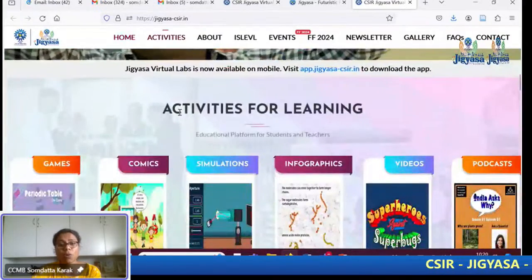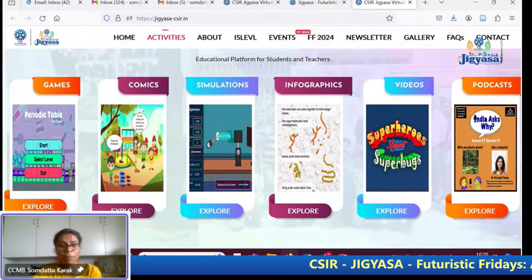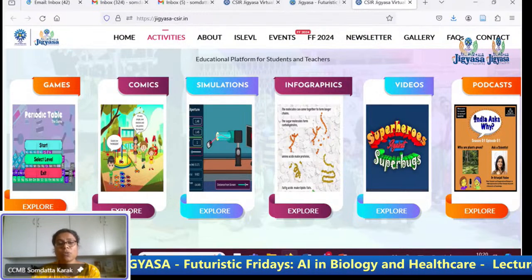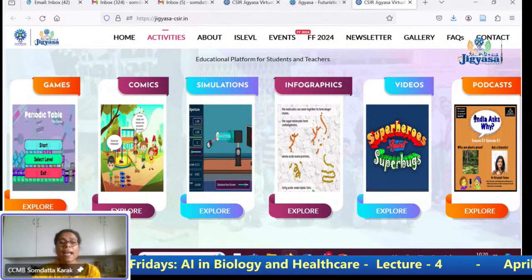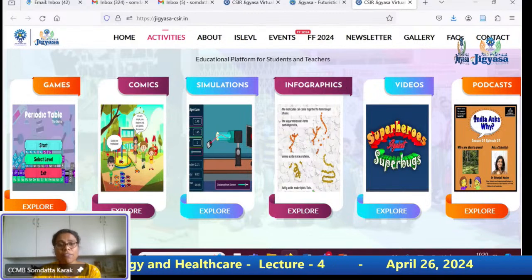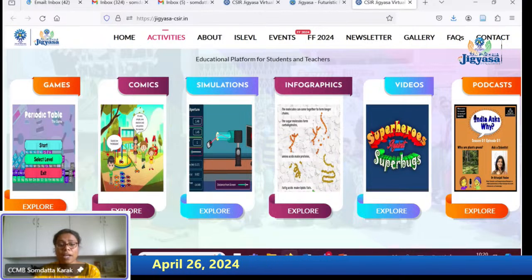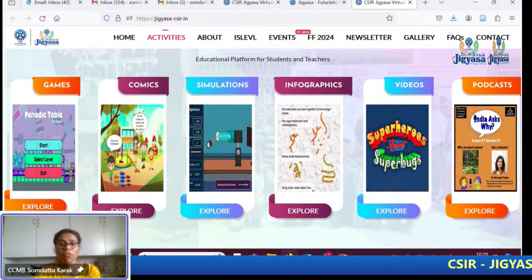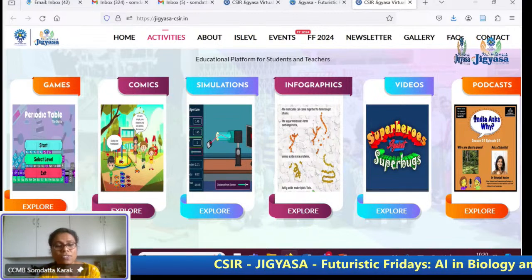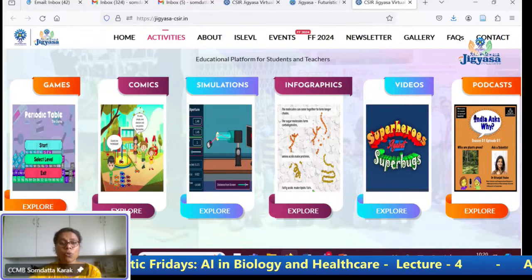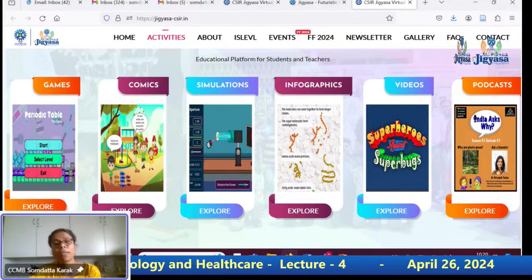We also create a lot of content in various different formats that ranges from games to comics to simulations to videos, podcasts, you name it, and we have it. And the idea is that educators take advantage of this content and use it in their classroom actively. And young people who have access to the internet themselves through laptops or phones will probably find many of these very interesting for usage at your own personal level as well. So go ahead, explore the content that we make.